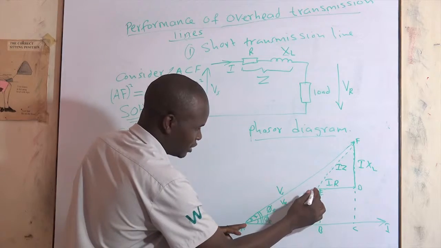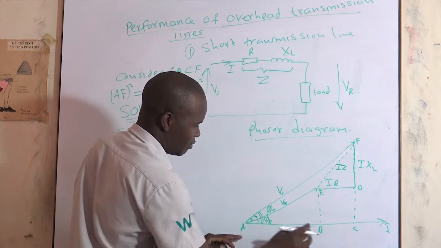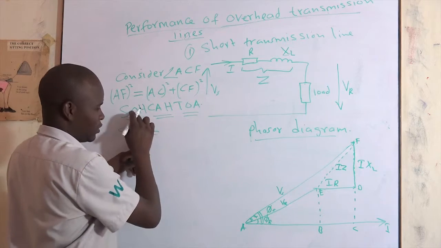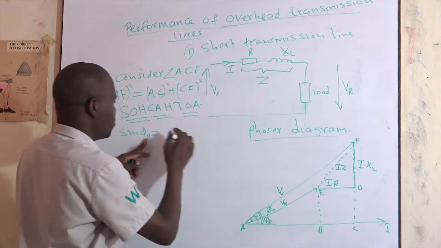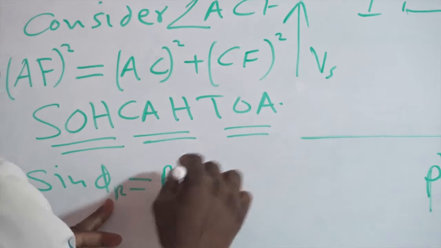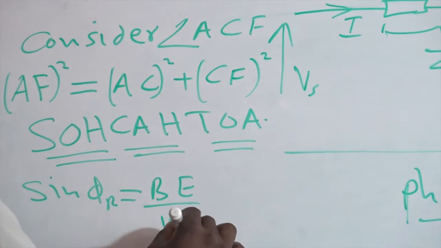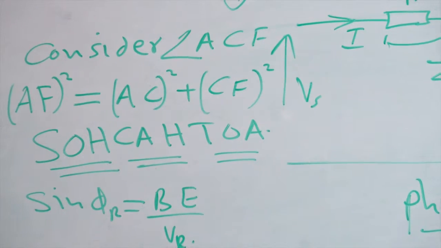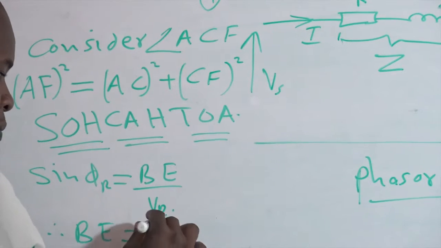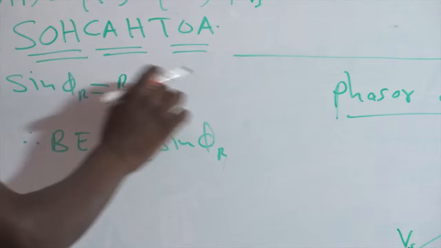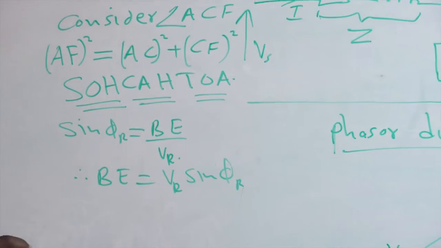If we consider this small triangle ABE, the opposite is BE, over hypotenuse, which is VR. Therefore, the length BE will be given by VR sin phi r, if you cross multiply both sides by VR.